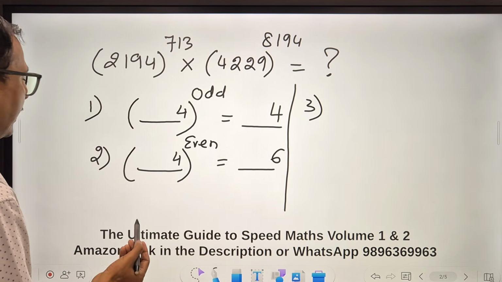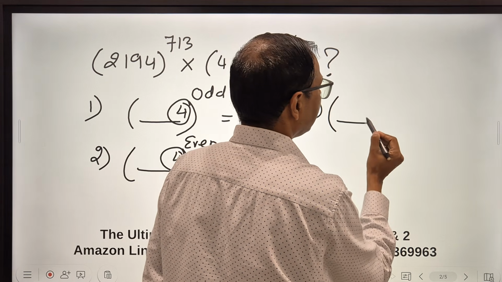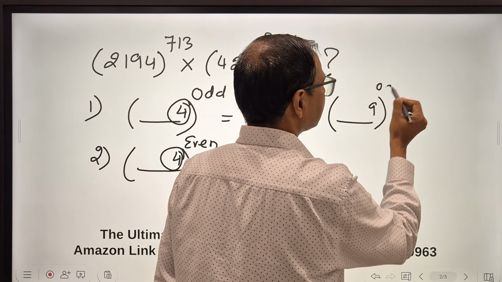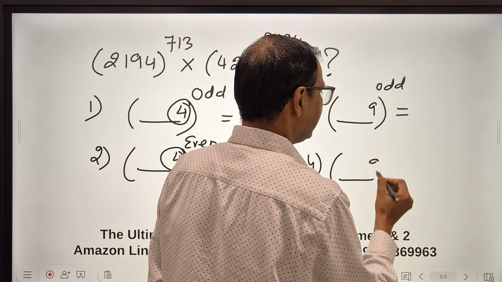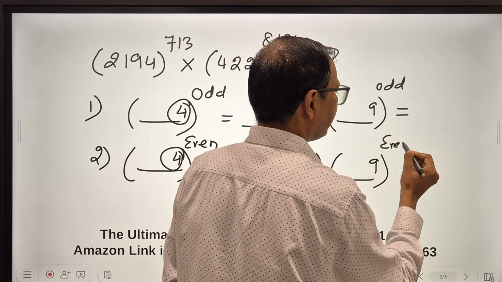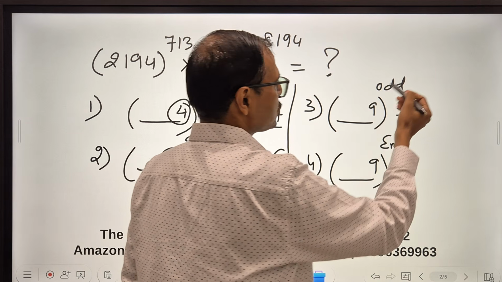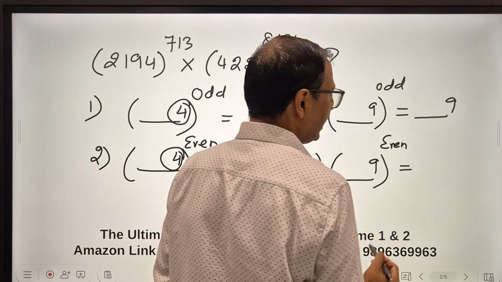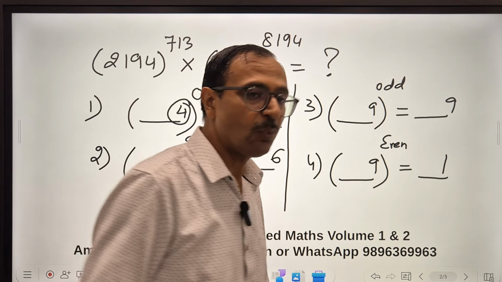Likewise, what about 9? When I say rule of 49, I took up 4 here, now I am going to take up 9. So we'll have a 9 here and odd power, and then again 9 here and then even power. Now you can guess very easily, 9 raised to power 1, 9 raised to power 3 all end in 9 only. 9 raised to power 2 is 81, so it ends in 1.